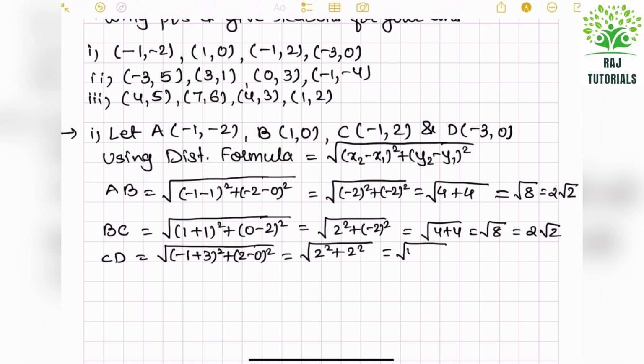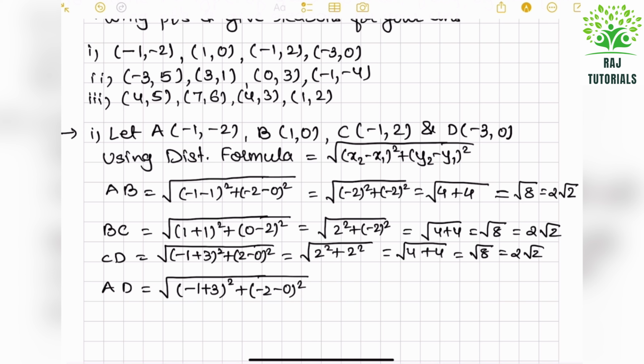So that will be 2 square plus 2 square. So 4 plus 4, so that is root 8, that is 2 root 2. Now let us find AD. So AD will be equal to (-1 minus of minus 3), so plus 3 whole square plus (-2 minus 0) whole square. So that also will be 2 square plus (-2) whole square. So 4 plus 4, so root 8. So that will be 2 root 2.